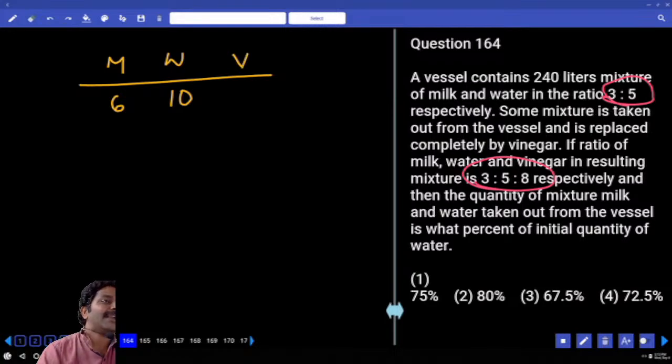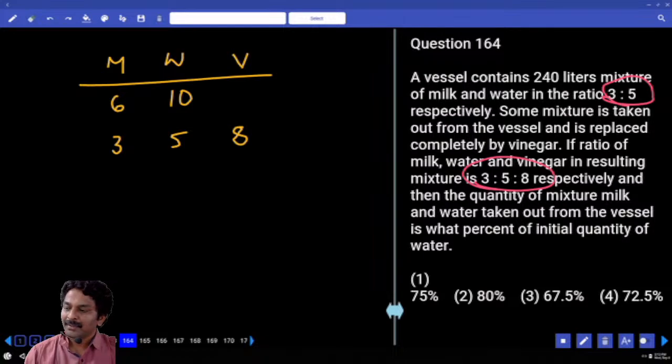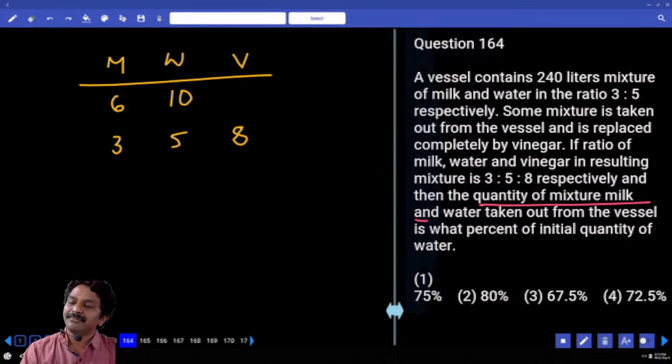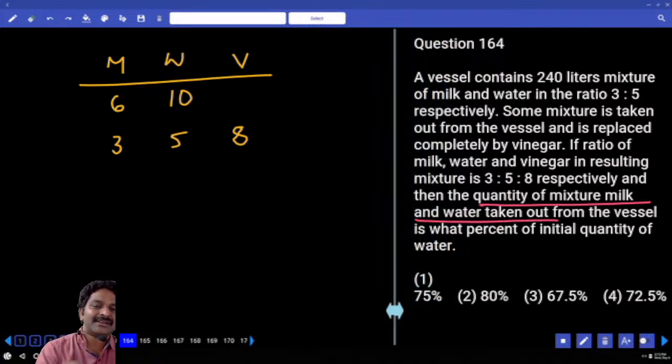Then vinegar is added. Whatever quantity is taken, the same quantity of vinegar is added. Now we have 3 parts of milk, 5 parts of water, 8 parts of vinegar. Again the total is 16. Condition satisfied. Now the question is the quantity of mixture of milk and water taken out from the vessel.